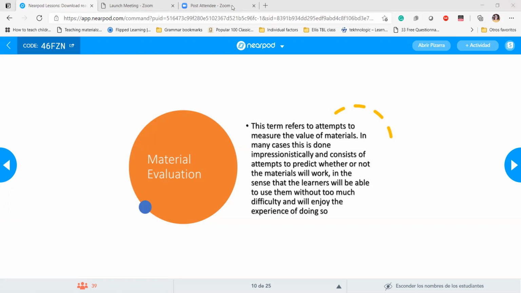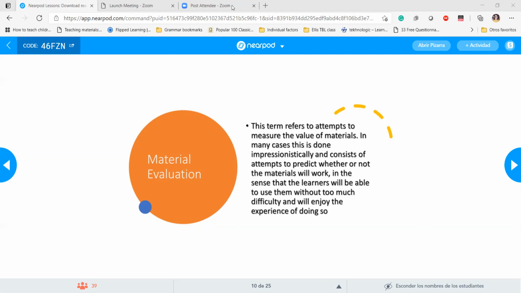You may have problems because you won't be able to really focus on other important things like the curriculum or the objectives and how this adapts to it, okay? And usually this consists of attempts to predict whether or not the materials will work, in the sense that the learners will be able to use them without too much difficulty and will enjoy the experience of doing so.